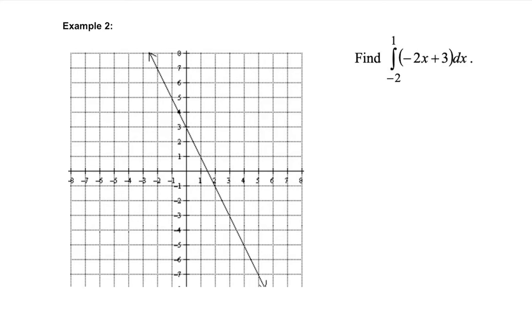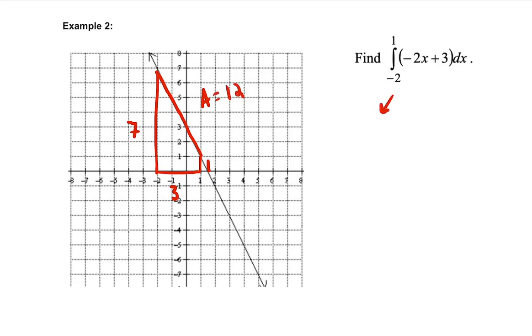So let's just see, this one goes from negative 2 to 1. And so that would be this trapezoid again, right? We already know it's the same trapezoid, right? Base of 3, height of 7, height of 1. We already know this area is equal to 12.